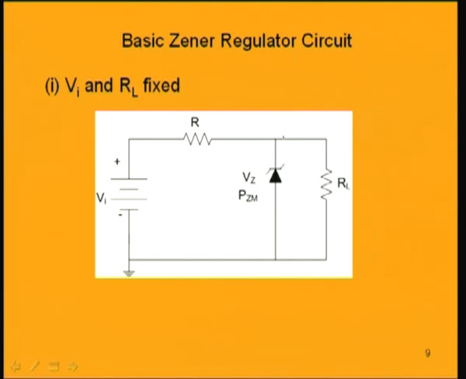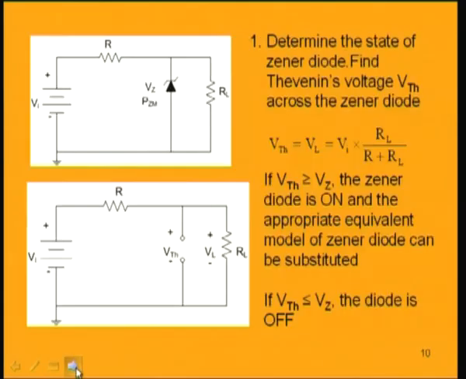To find the voltage across this Zener diode, we will use Thevenin's theorem: open circuit this diode and find the voltage looking from these two terminals. So, we remove this diode, open circuit it, and find the Thevenin voltage, V Thevenin, across these two terminals.